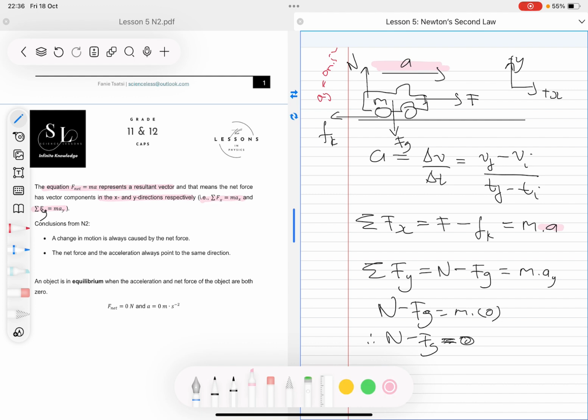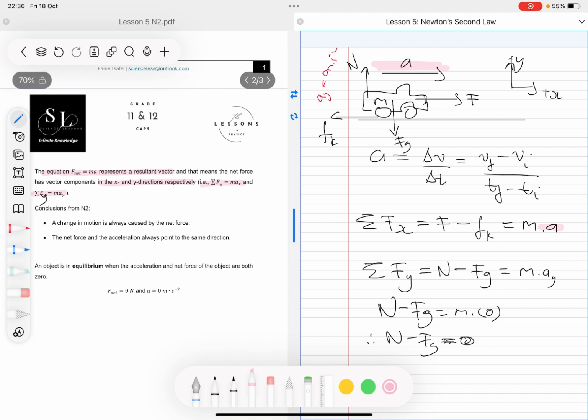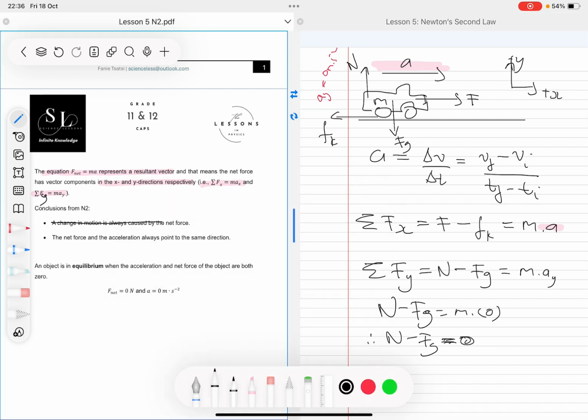Now, the conclusion that we learn from Newton's second law is that for an object to change its motion, there must be a net force. A net force is responsible for causing a change in motion.